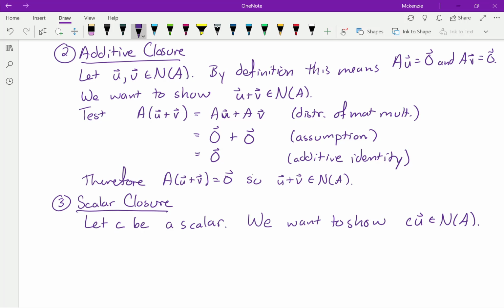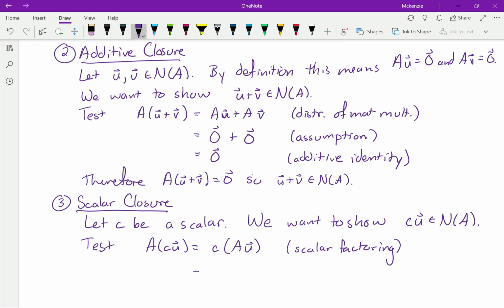Okay, so how do we do that? Again, let's test that A times cu is cAu, and that is scalar factoring, which was one of our axioms of matrix multiplication if you want to look back at chapter 2.